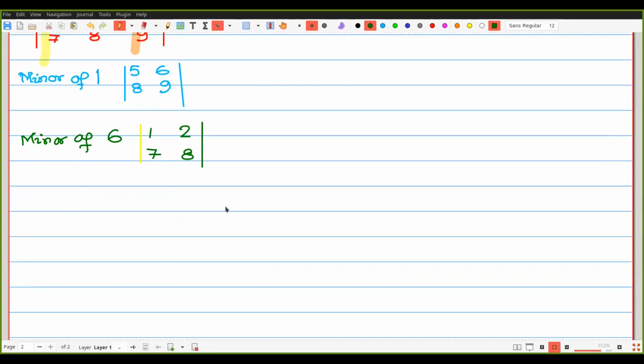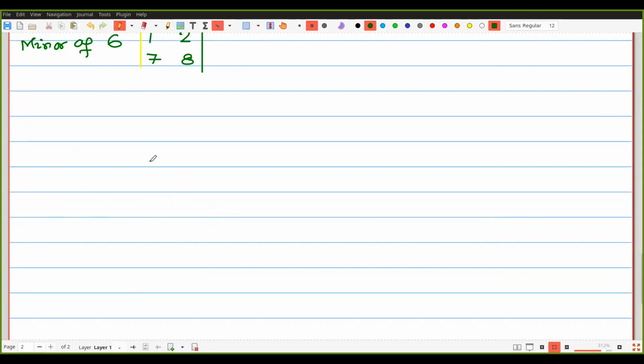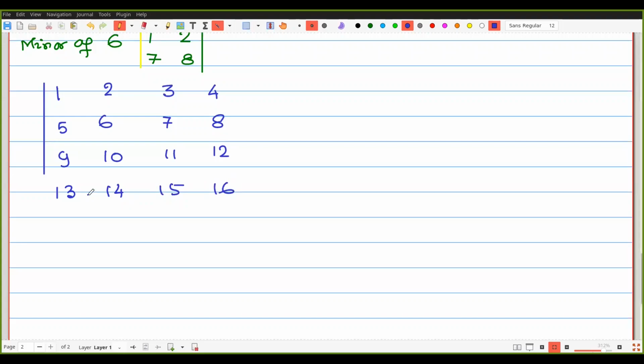Let us suppose another determinant of more than order 3, say order 4: 1, 2, 3, 4, 5, 6, up to 16.